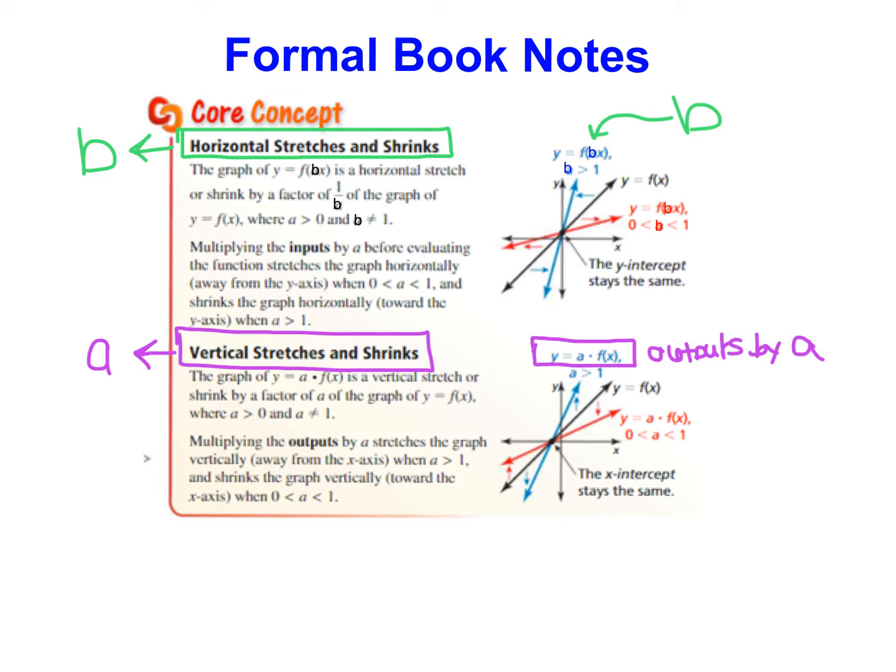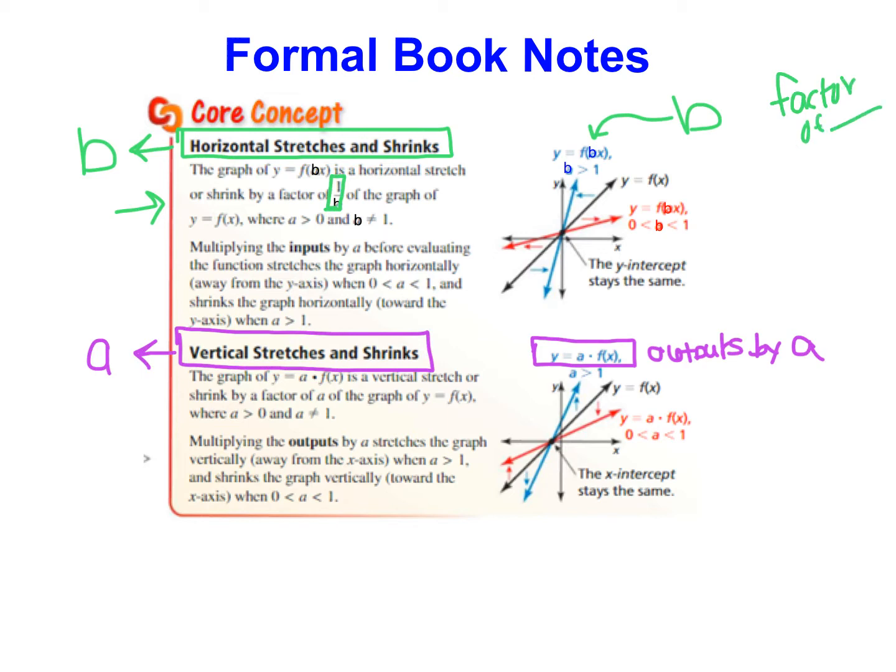Now, what is very, very tricky about this, and what you have to keep in mind, is if you read in here very, very carefully, it says the graph of y equals f of b x is a horizontal stretch or shrink by a factor of 1 over b. So as you read the instructions on the next page, you'll be told something like, you have a horizontal stretch by a factor of blank.